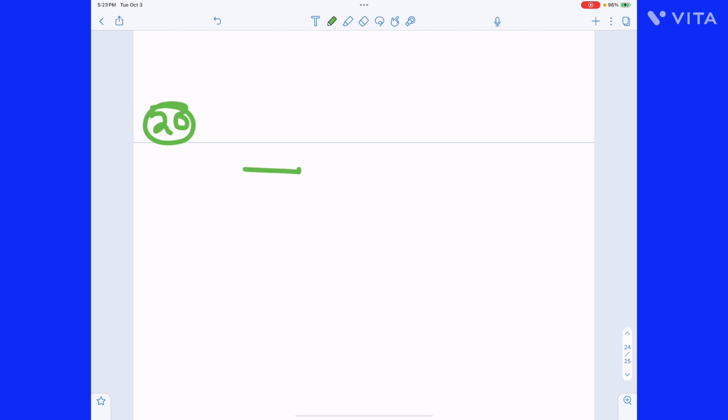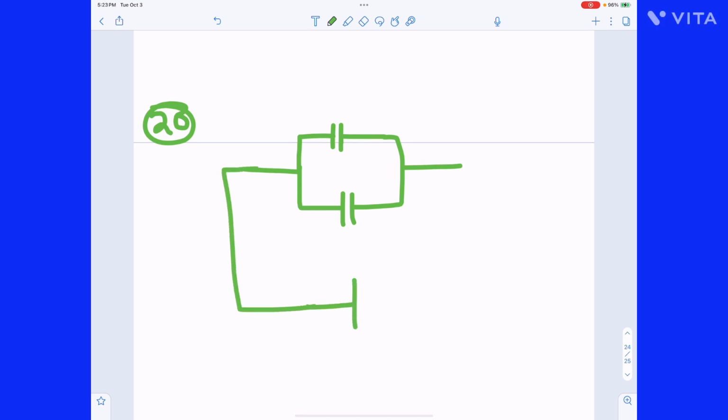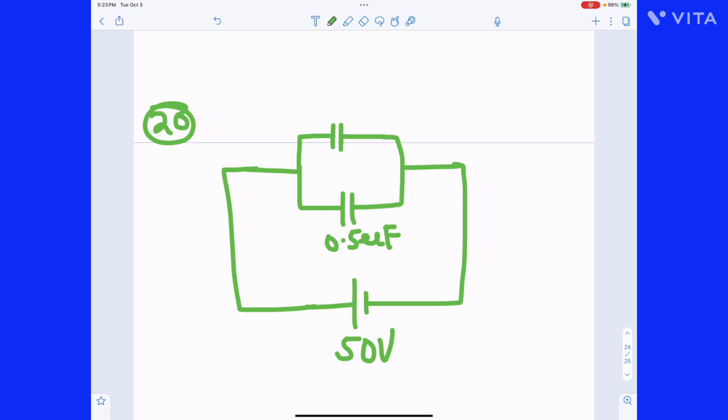Connected in parallel, 50 volts here, 0.5 microfarad, 0.4 microfarad.